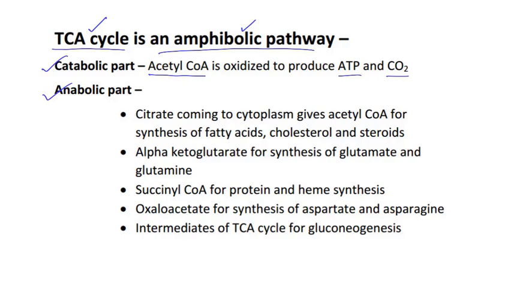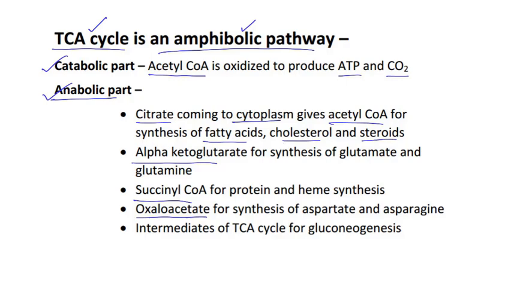On the other hand, we can see that in anabolic part, some important intermediates of TCA cycle like citrate, alpha-ketoglutarate, succinyl-CoA, oxaloacetate, this can produce some important elements. Citrate in cytoplasm gives acetyl-CoA for synthesis of fatty acid, cholesterol and steroid.